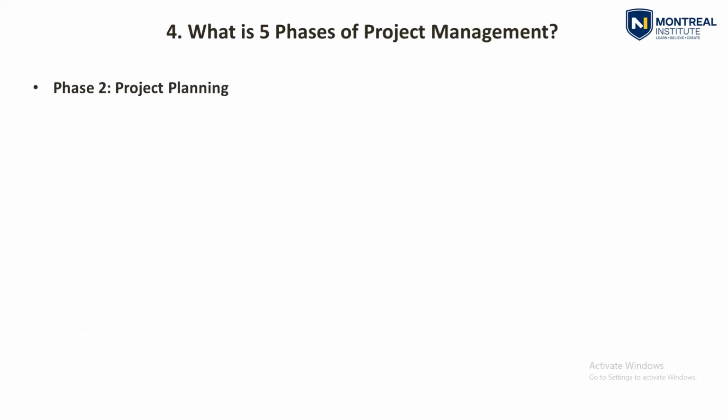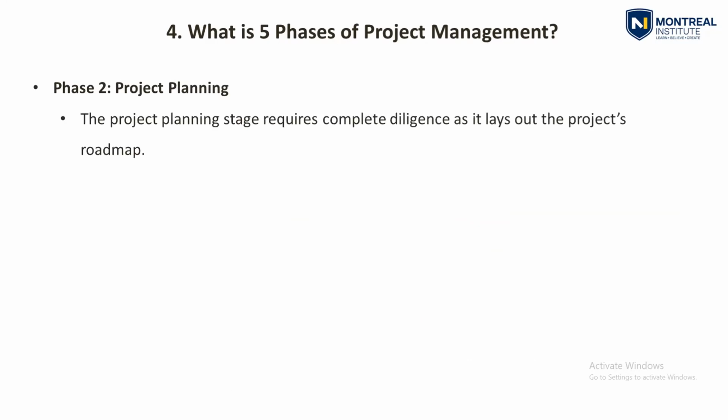So project planning is the second phase of the project. The project planning stage requires complete diligence as it lays out the project's roadmap. Without a project plan, you cannot stay on track with any project.